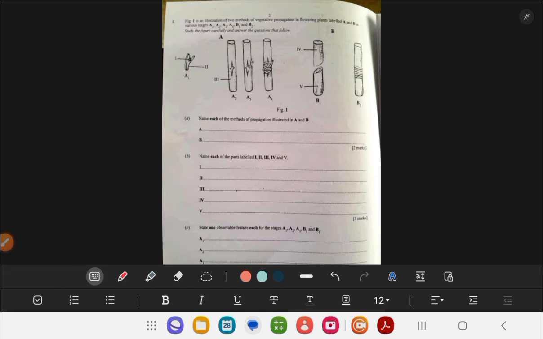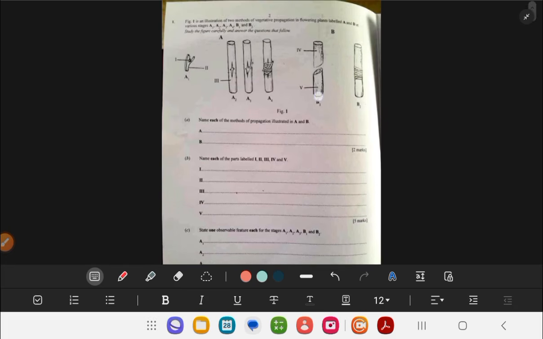Then the A2, the observable feature is that the T-shaped incision has been made on the stalk. Then the A3, the bud has been inserted into the T-shaped incision made on the stalk, and it has been tied firmly.